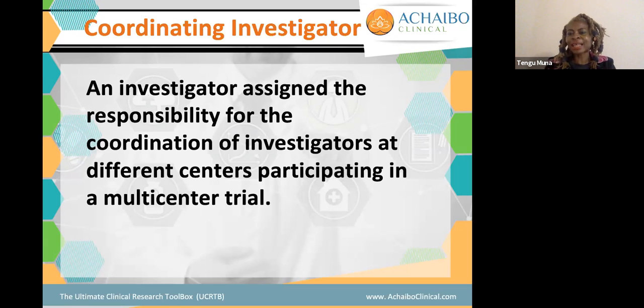You have the doctor and like an assistant doctor, but it's still a medical doctor who's running the clinical trial. In this case, I'm talking about, let's call it, the main doctor, who is helping these other clinical research doctors or principal investigators across various facilities. So that's a coordinating investigator.